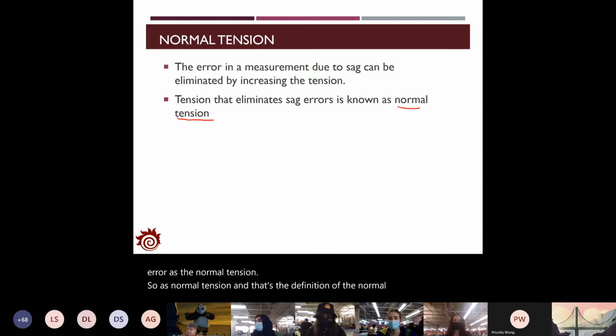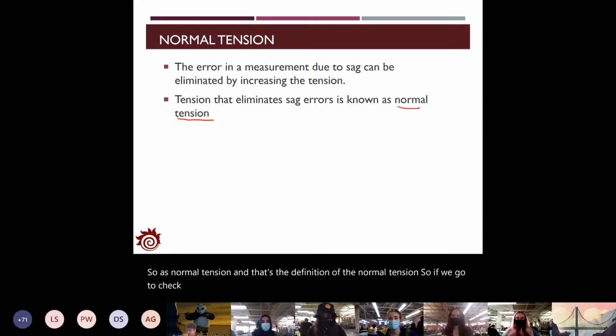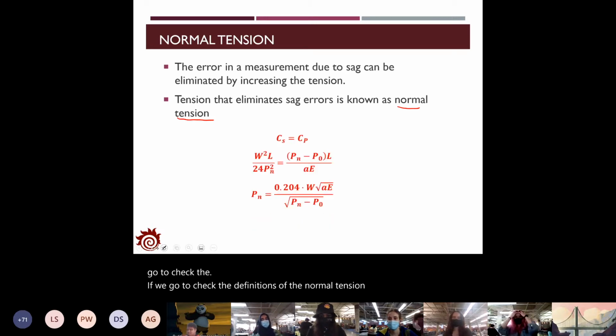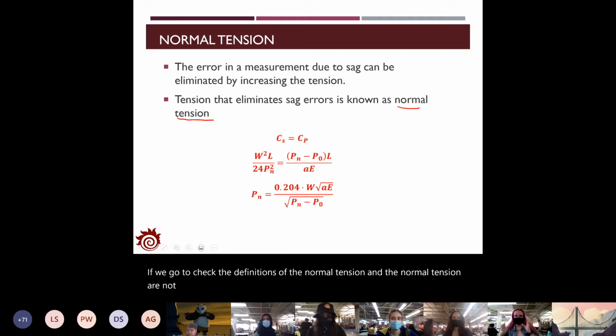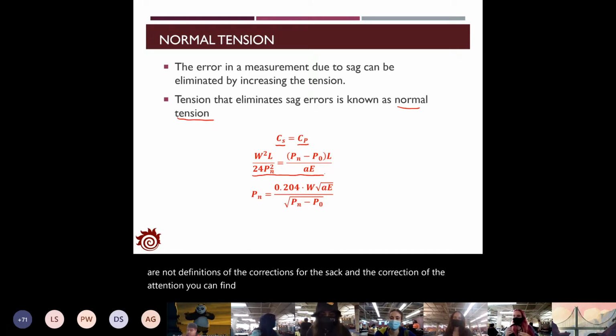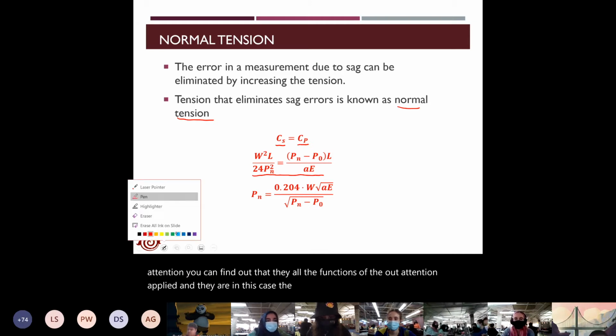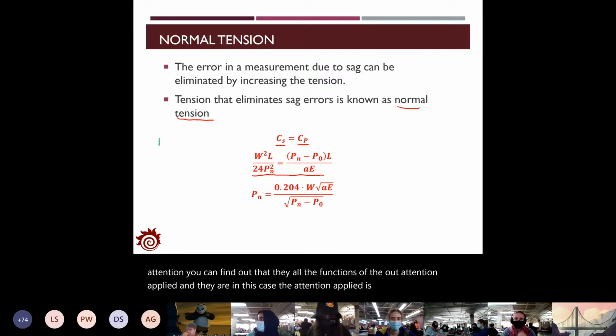So if we check the definitions of the corrections for the sag and the correction of the tension, you can find that all the functions depend on the tension applied, and in this case the tension applied is Pn, so we apply the Pn to the tape.